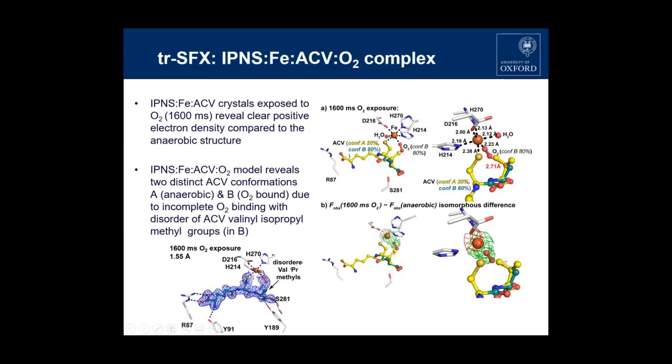The best model reflecting the scattering is an iron 3 bound superoxide or an iron 2 oxygen. Unfortunately, the oxygen is not bound completely. We still have in the 1.6 second data set 20% of the non-reacted conformation of ACV.